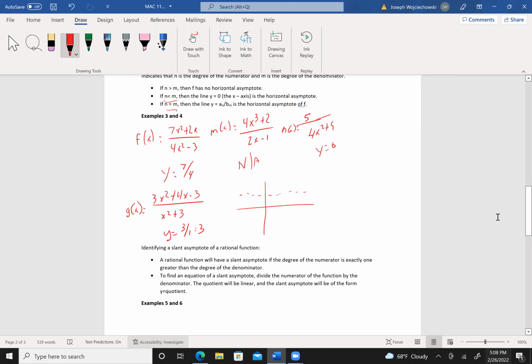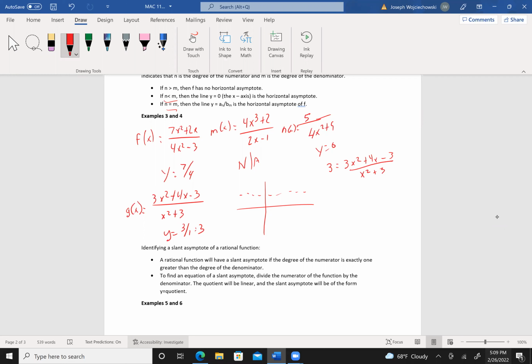Now, can I plug 3 in this equation and get a valid result? So what is g of 3? Actually, no, that's not what I want. I want to know, when does this equation equal 3? 3 equals 3x squared plus 4x minus 3 over x squared plus 3.